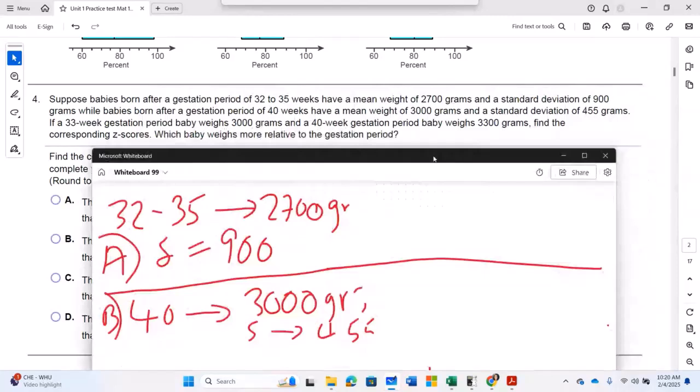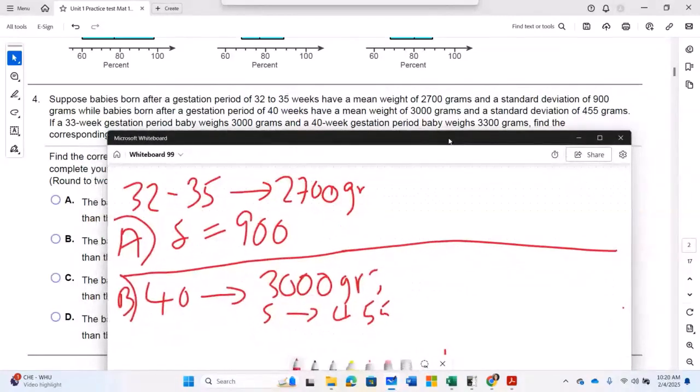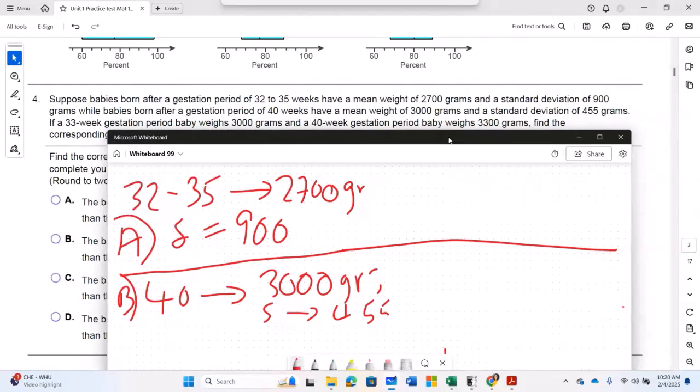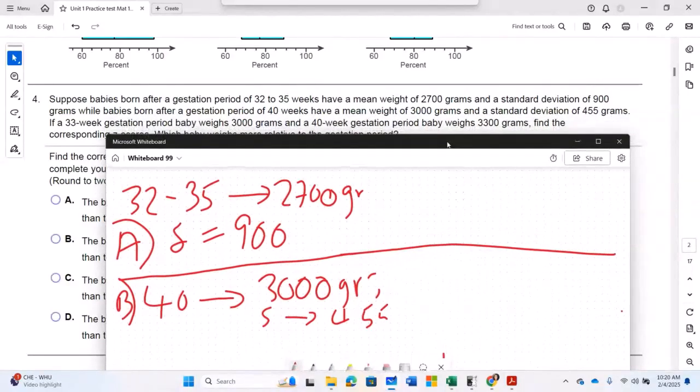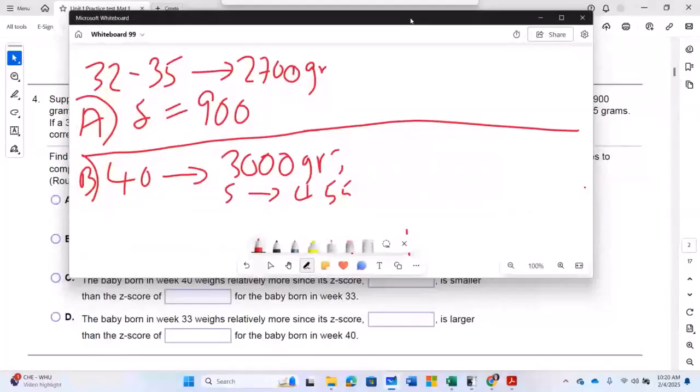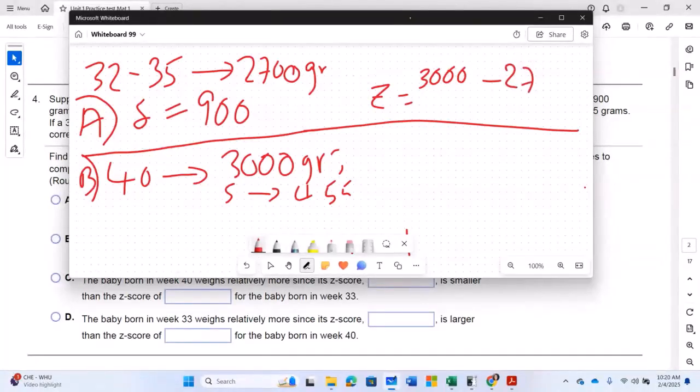Suppose the baby born within the 33-week period weighs 3,000. So the Z for this is: the value is 3,000, the mean is 2,700, and the standard deviation is 900. We call this one ZA, and we shall call the other one ZB.